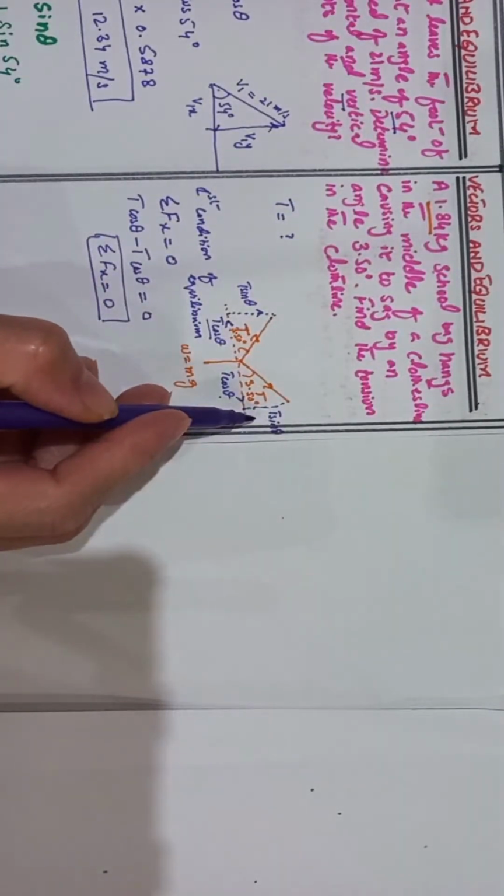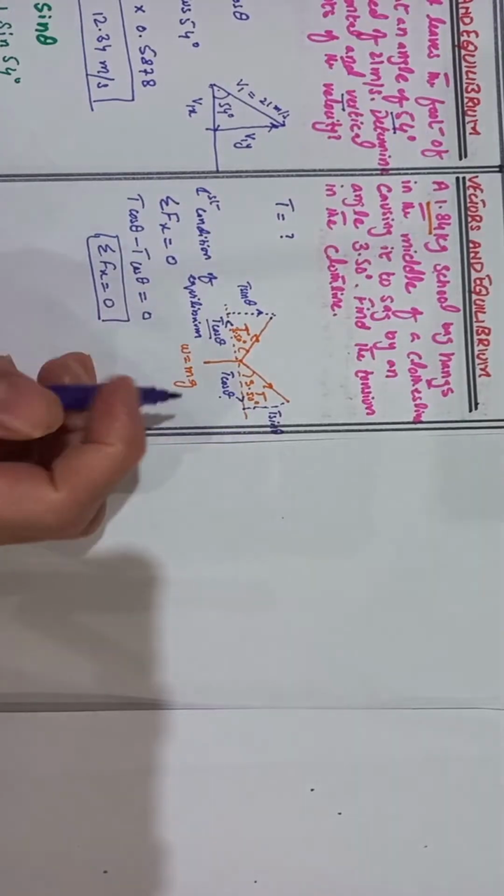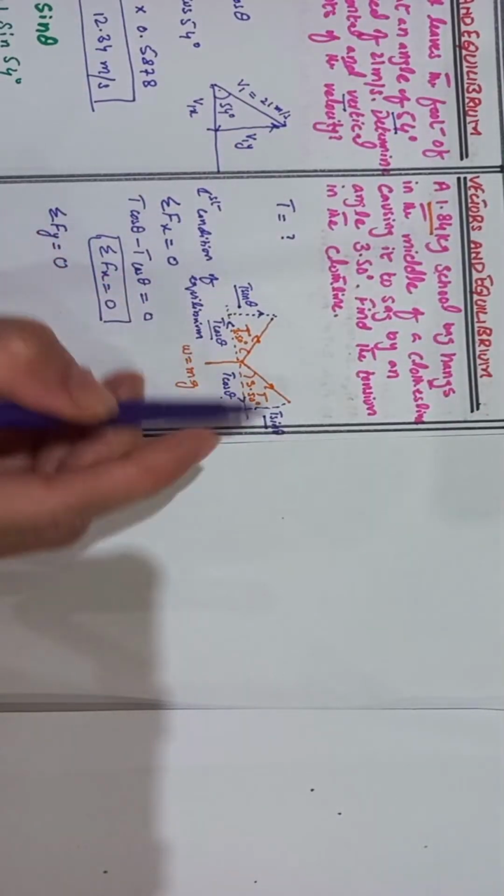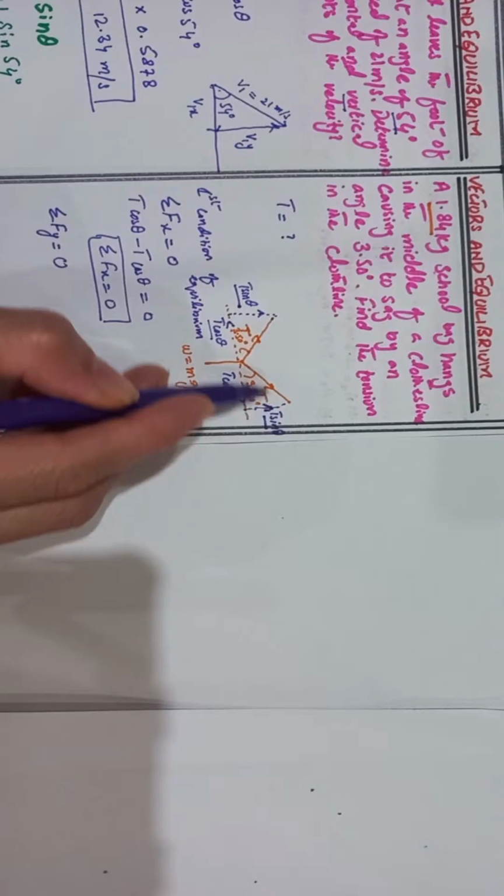Now we discuss the vertical components of the forces along the y-axis, which is also equal to 0. Here we take the vertical components T sin theta and T sin theta. Both have the same direction.